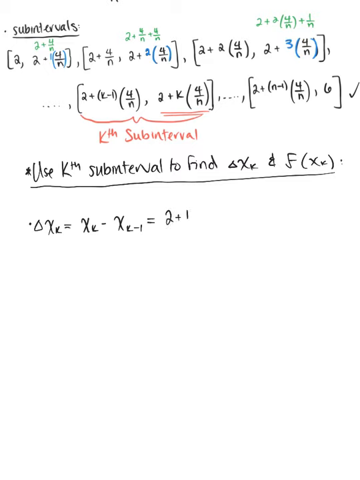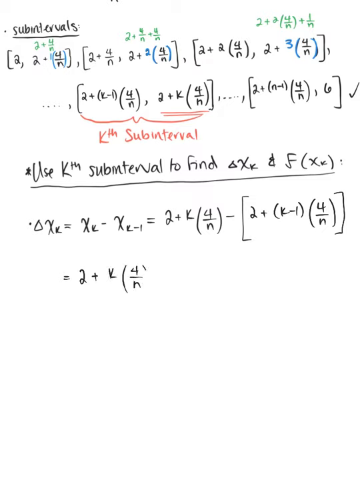So we have 2 plus k times 4 over n, and we're subtracting 2 plus k minus 1 multiplied by 4 over n. This looks a little nasty, but it's not too bad. I'm going to leave this first term as it is, 2 plus k times 4 over n, minus, keeping that negative on the outside.